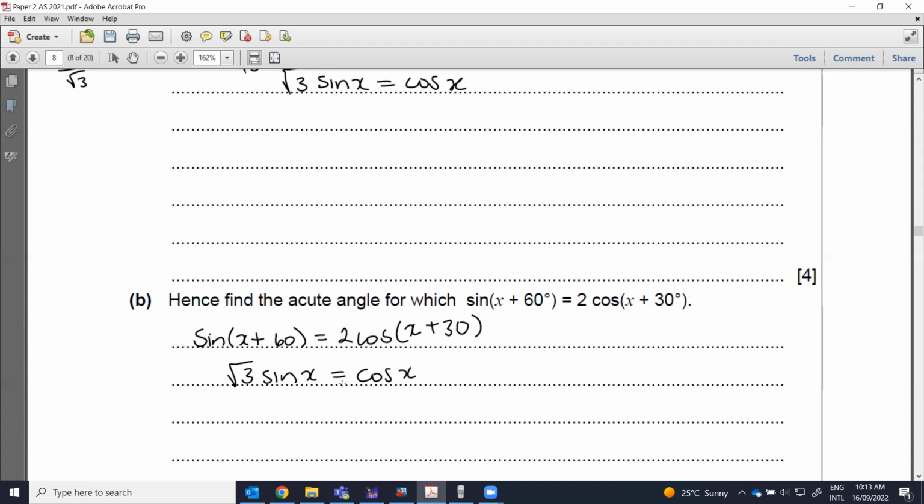And now that I want to solve this one here, whenever you want to solve a trigonometric equation that has two ratios, it has sine and cos, what you want to do is rewrite them in terms of just one of the two.